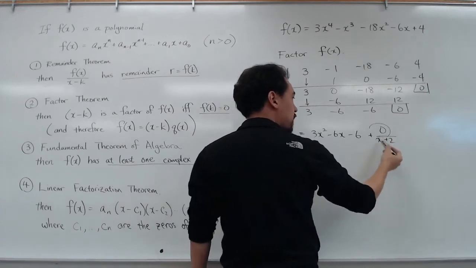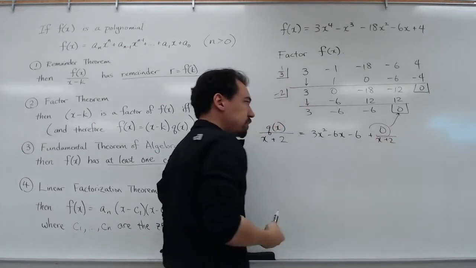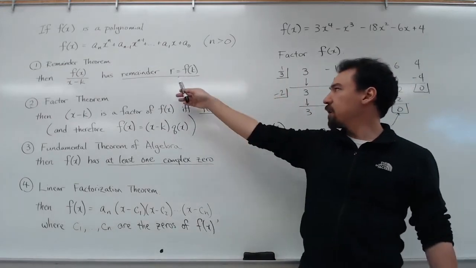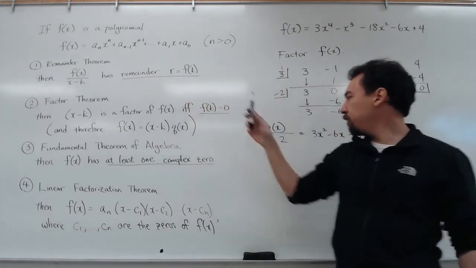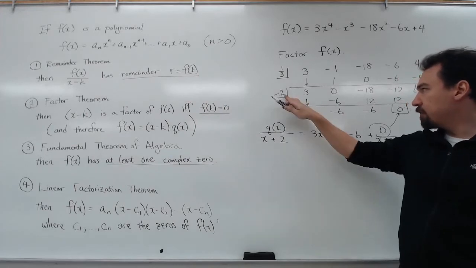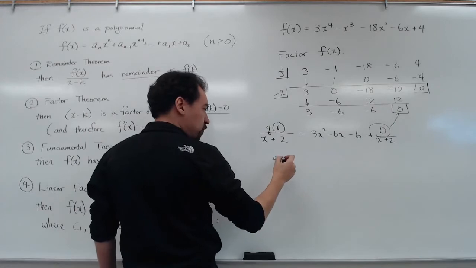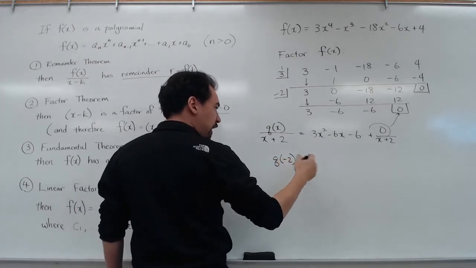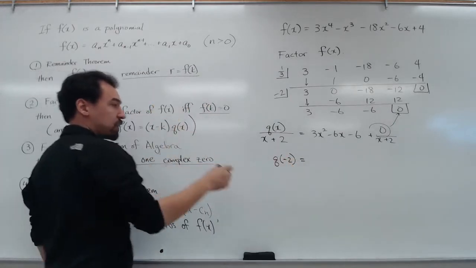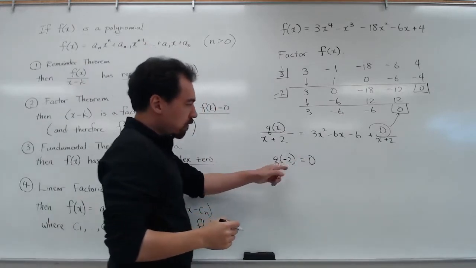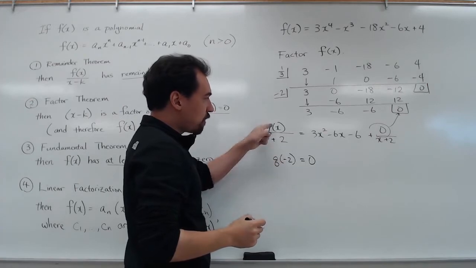Now, that, by the remainder theorem, tells us that if we plug in the number -2 into the quotient, so we can write down q of -2, that comes out to the remainder, which is 0. Okay, that part's good. So therefore, -2 is a 0 of the quotient.